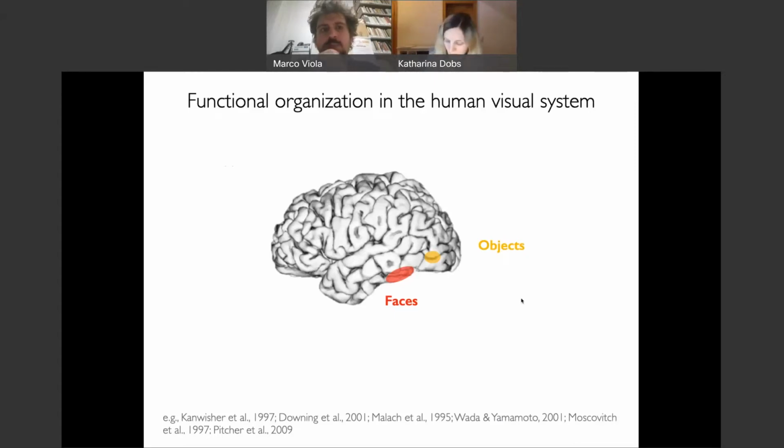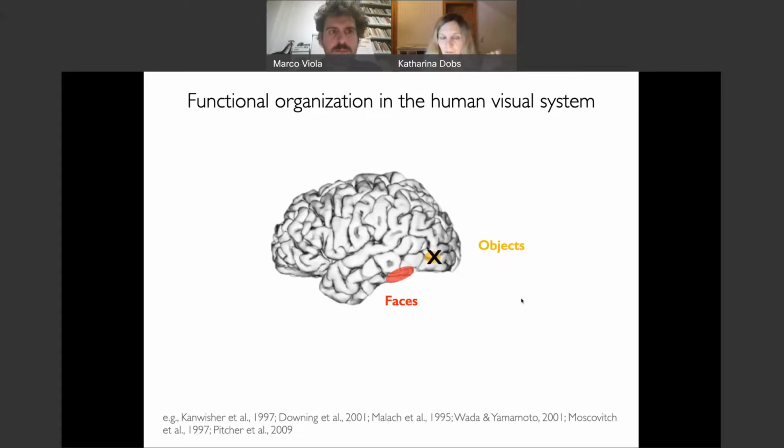What I mean by that is that in lots of patient studies, what others have found is that if you have a lesion in your face processing area, you are impaired at recognizing or perceiving faces, but your object recognition system might work totally fine. So these systems seem to be sort of independent from each other.